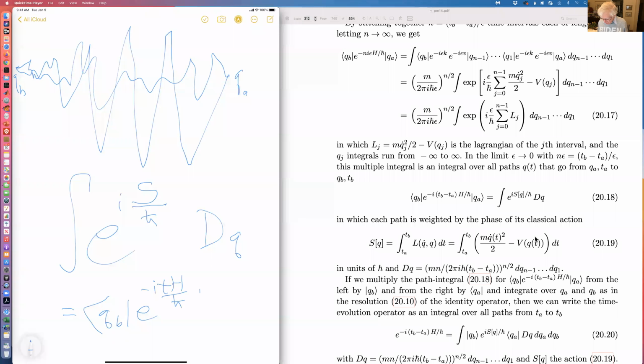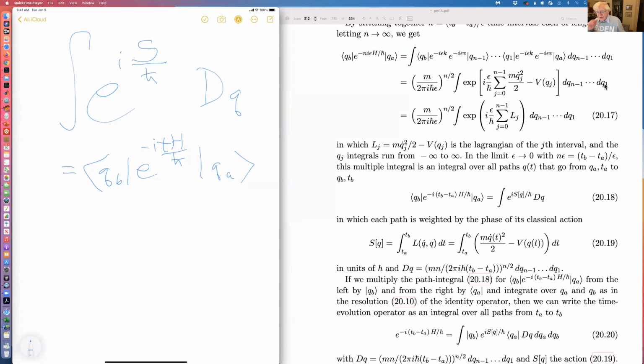And now, one of the things that must have delighted Feynman when he first figured this out. By the way, although Feynman invented path integrals, Dirac had something very much like path integrals.